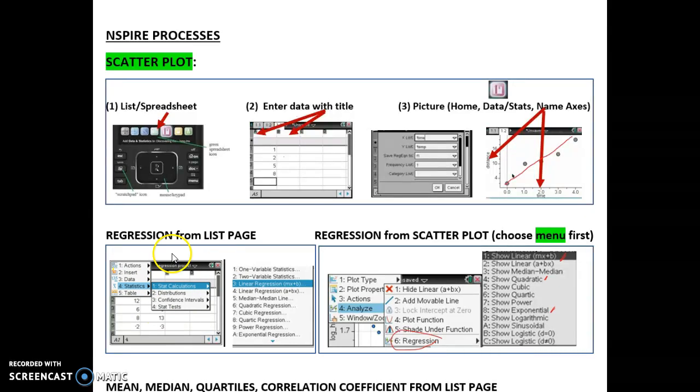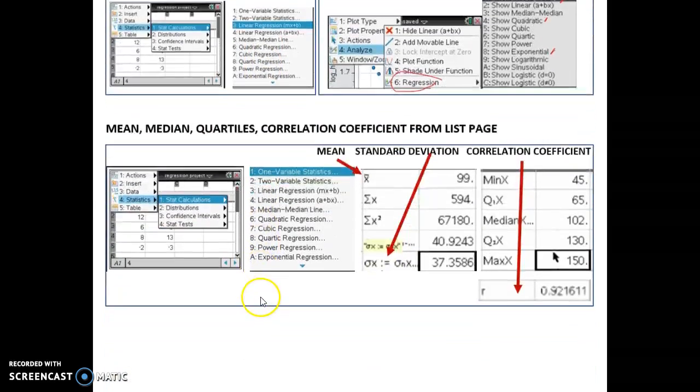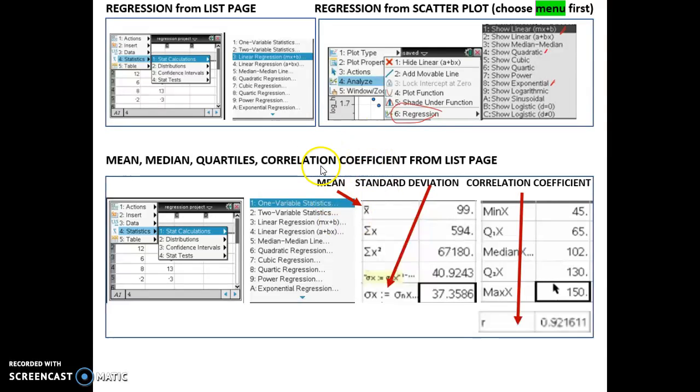You also use this same exact step process from the list to get your mean, your median, and your correlation coefficient. So again, we have our lists. It's going to be usually 2 lists, but you can certainly have 1. You choose Menu and you go Statistics, Stat Calculations, and it gives you all of these variables.